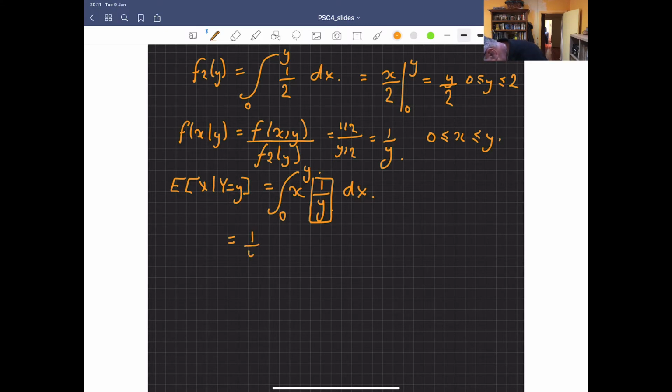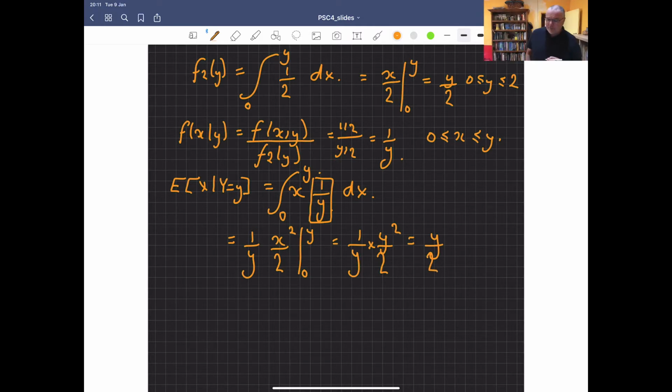This is 1 over y, x squared over 2, so x goes from 0 to y, which is 1 over y, y squared over 2, which is basically y over 2.